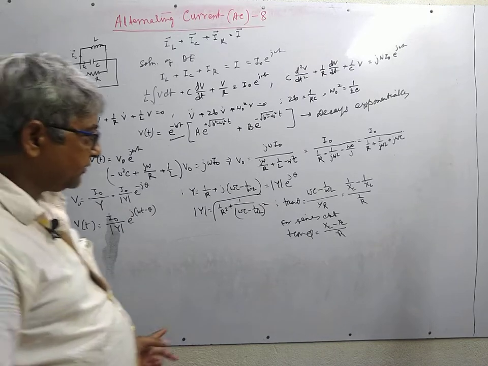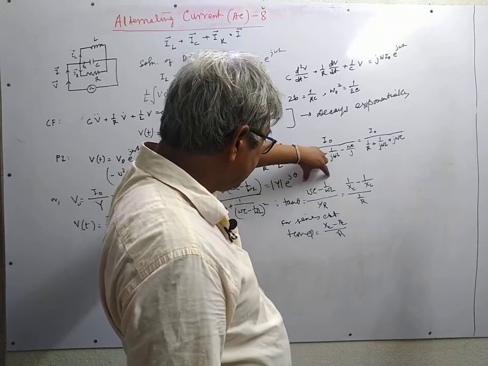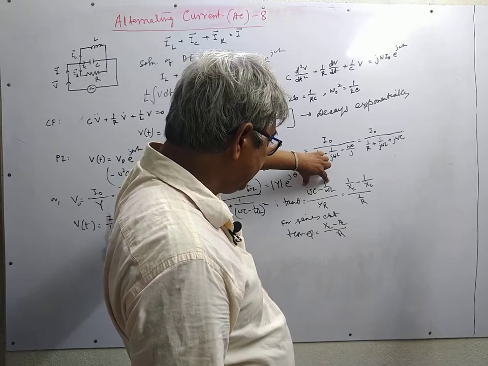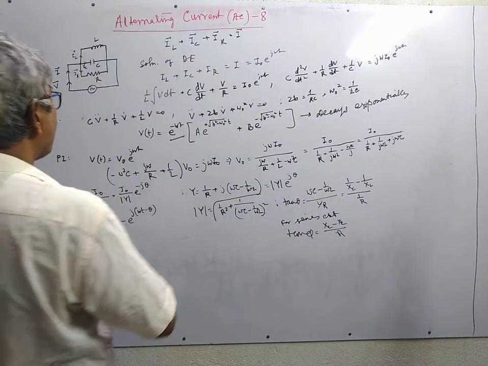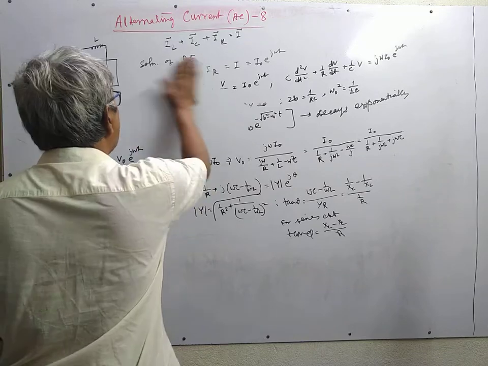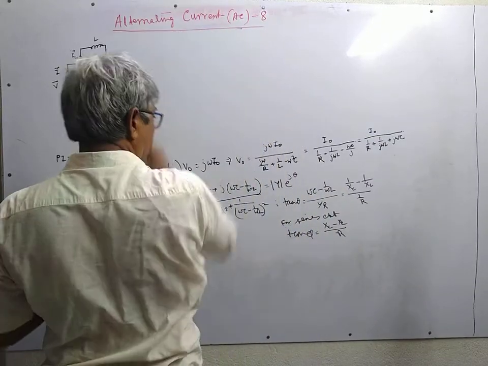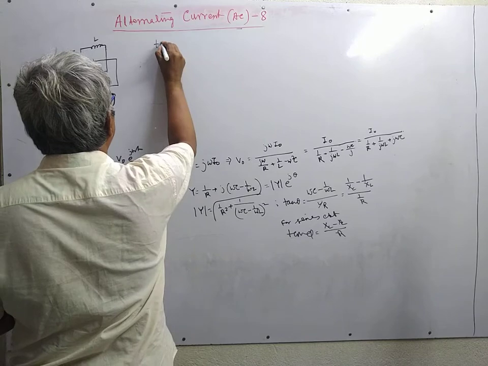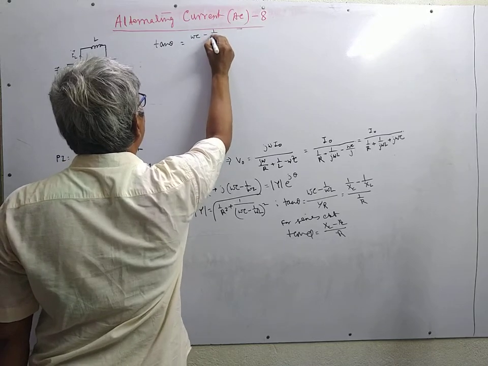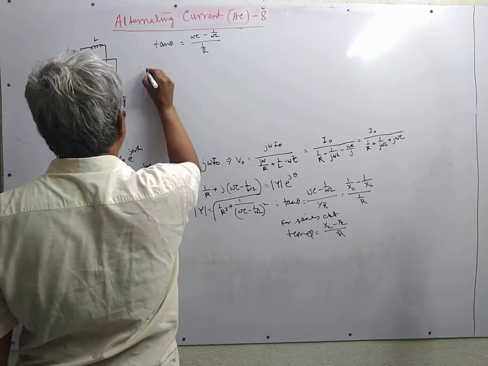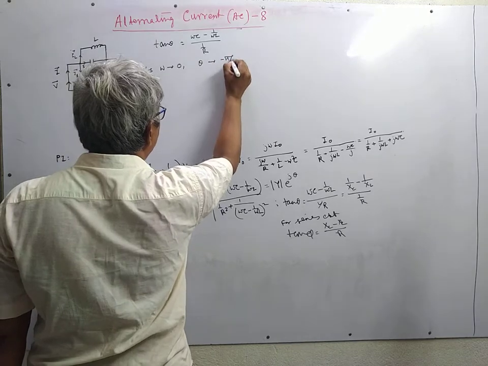Now let me come to the discussion of theta first. When omega tends to 0, this numerator tends to minus infinity, and so for tan theta is equal to omega C by 1 upon omega L by 1 by R. As omega tends to 0, theta tends to minus pi by 2.